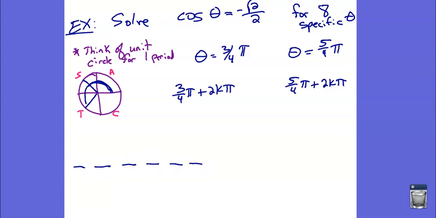So I'm going to literally find 8 specific ones. Well, I automatically know 2 of them. So I know 3/4 pi and I know 5/4 pi. That's 2 of them, and that's if k equals 0. If k equals 0, that's what I get, okay? That's what I did here. So what if I plug k equals 1 in?